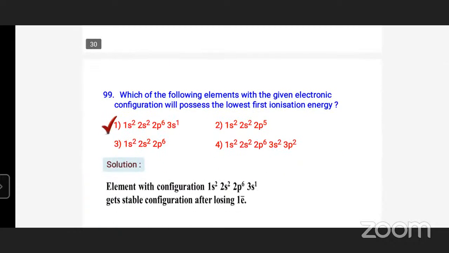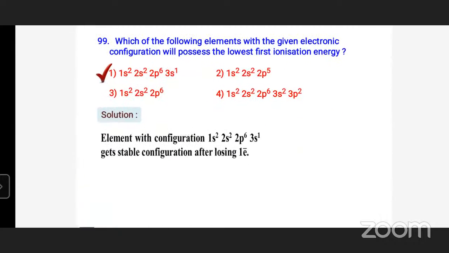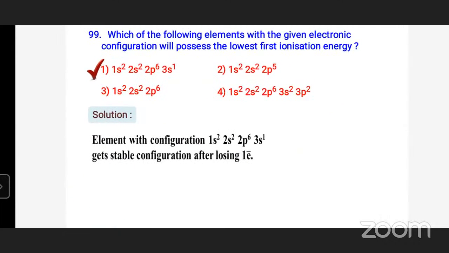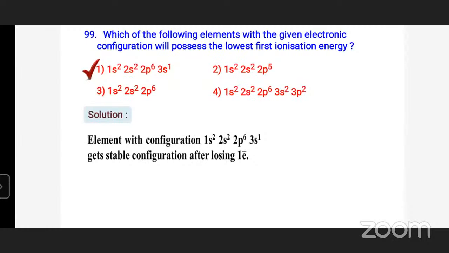Okay, right. Next one. Which of the following elements with the given electronic configuration possesses the lowest first ionization energy? Number one, 1s2, 2s2, 2p6, 3s1. Second, 1s2, 2s2, 2p5. Third, 1s2, 2s2, 2p6.